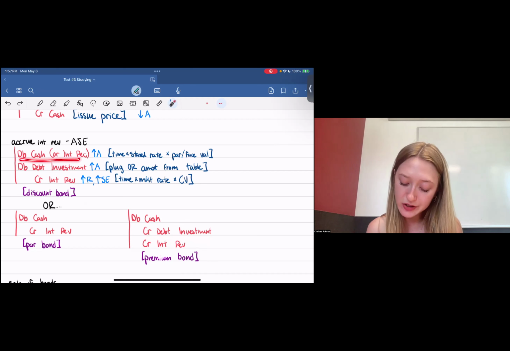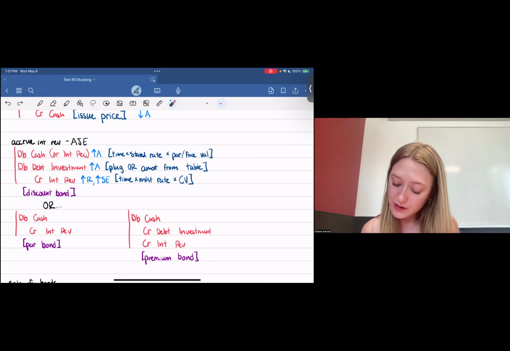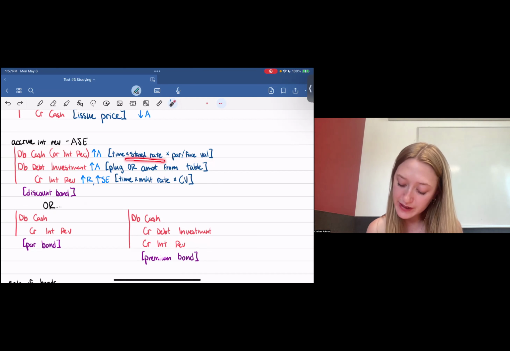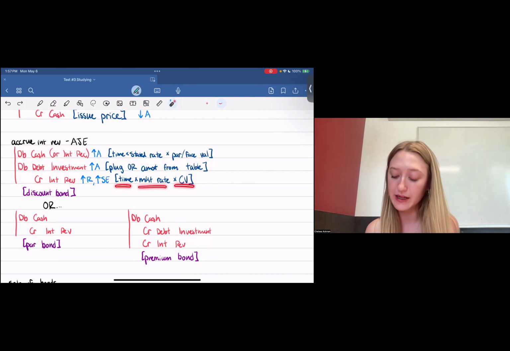But the debit to cash is going to be the stated rate times the par or face value, because interest receivable or cash is always based on the stated rate, but your interest revenue is the market rate times the carried value.